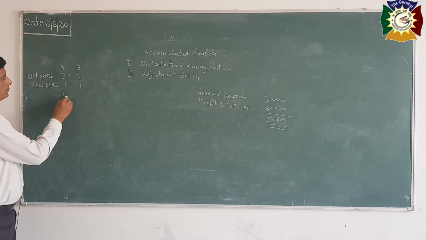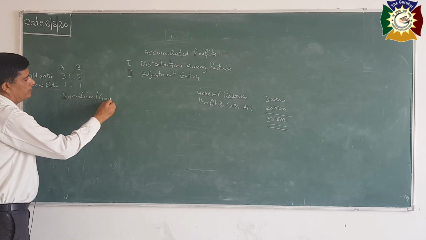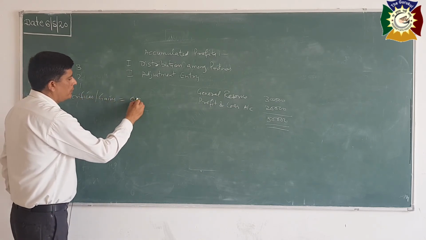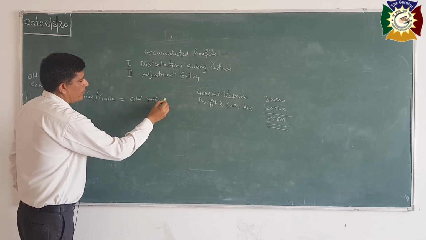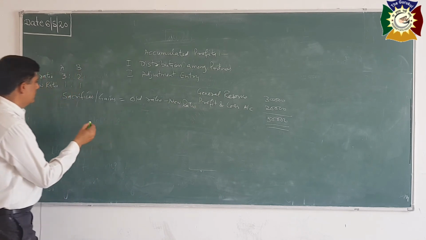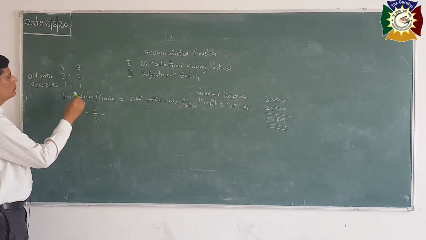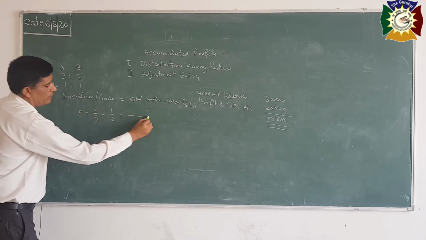So here, sacrifices or gains is equal to old ratio minus new ratio. A, old share is 3/5 minus new share is 1/2, LCM 10.